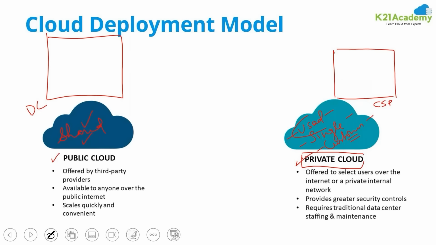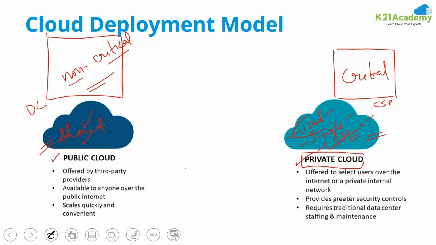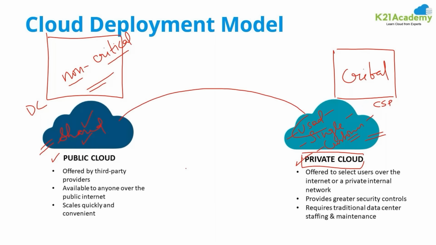And because every company has two types of data, one which is very critical to them and they want to keep really secure, they can keep that in a highly private cloud, whereas recreatable and non-critical data can be kept in the public cloud. So the same company has kept some of the infrastructure in public cloud and some in private cloud, and they have created a bridge between both of them.